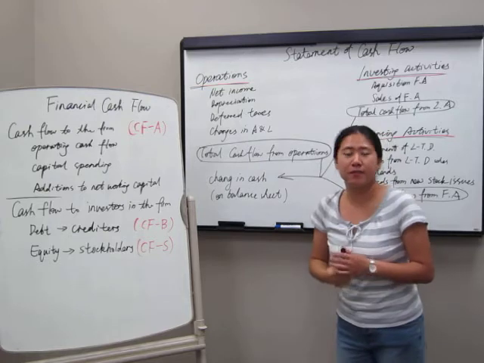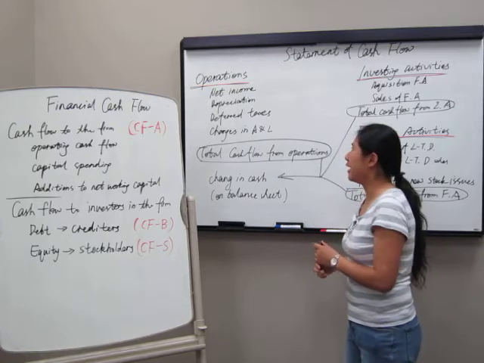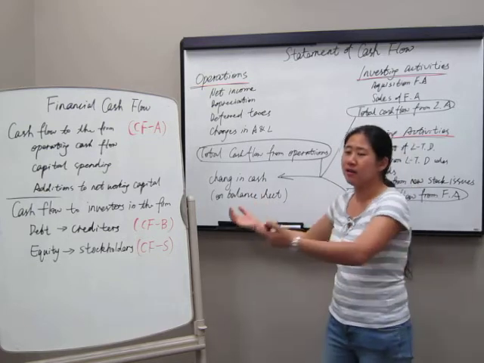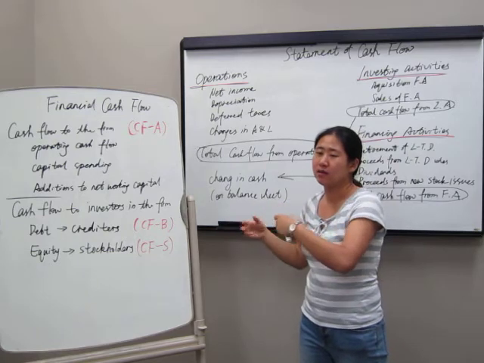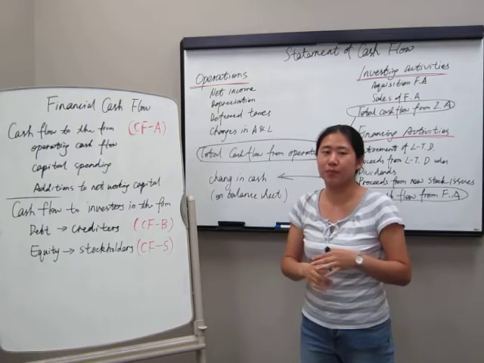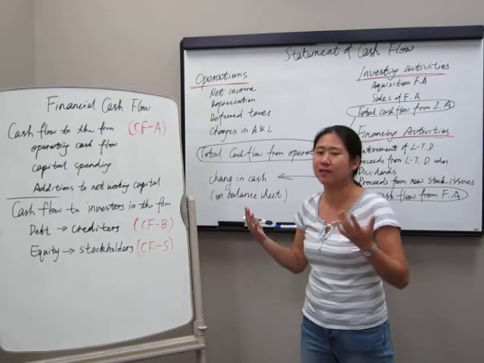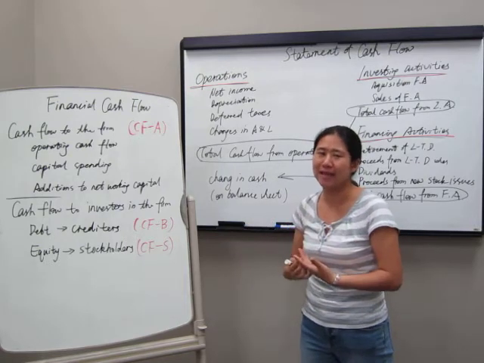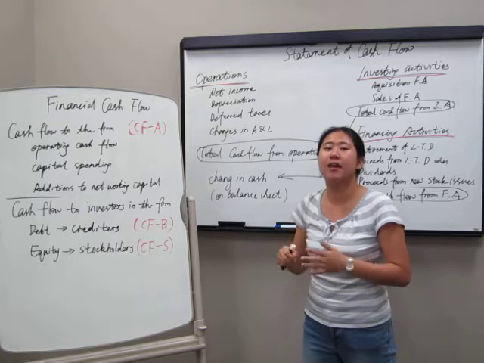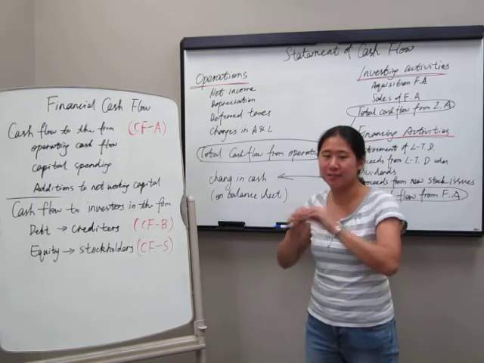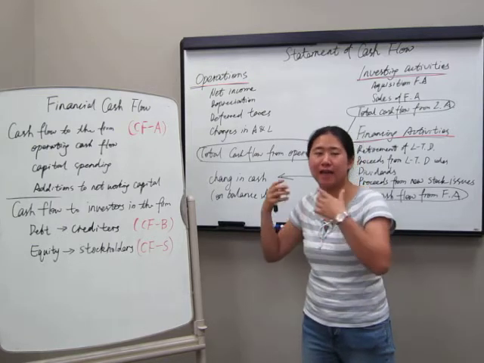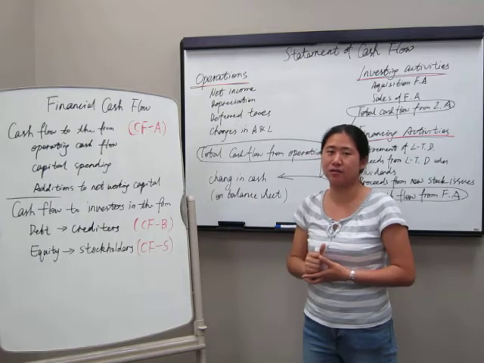It's very simple to think in this way: if the corporation receives money from outside, that is a plus. If the corporation spends money, that is a cash outflow, a minus.